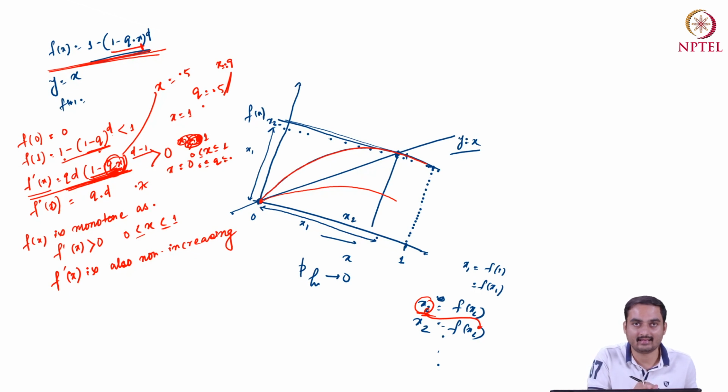So as x increases, this will decrease, which is very obvious. So this is non-increasing. So the derivative, the slope is non-increasing, okay? So the slope is non-increasing and the slope is also monotone.